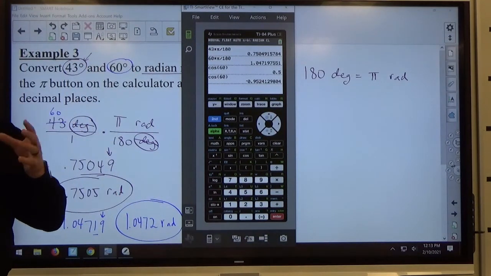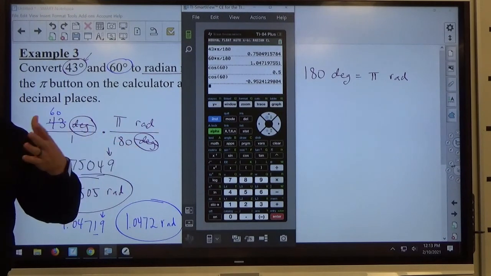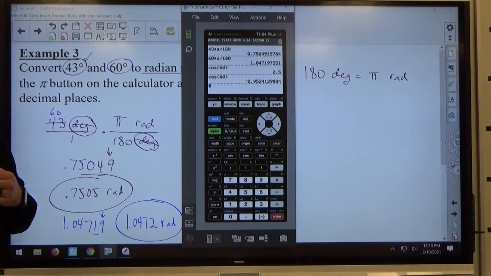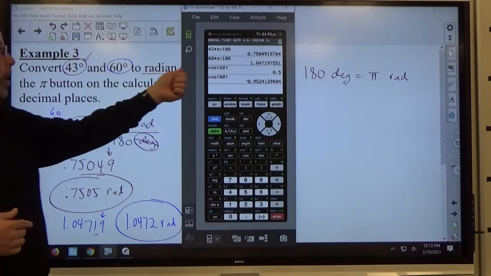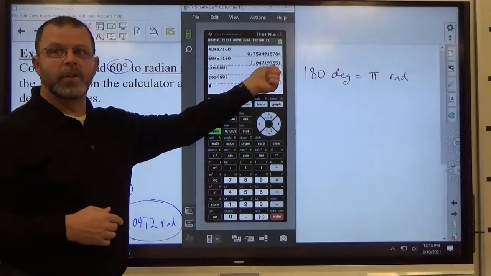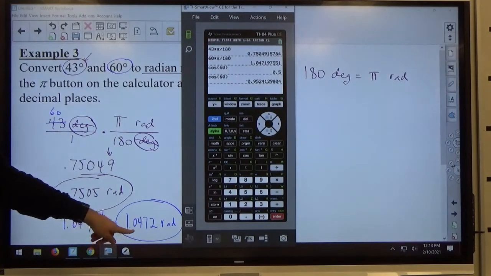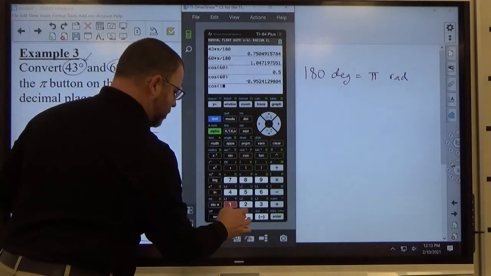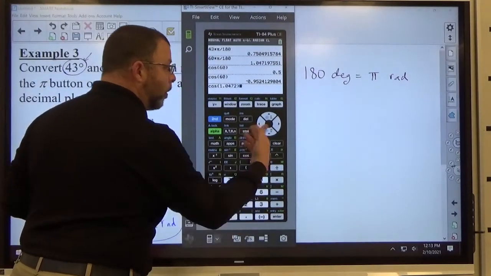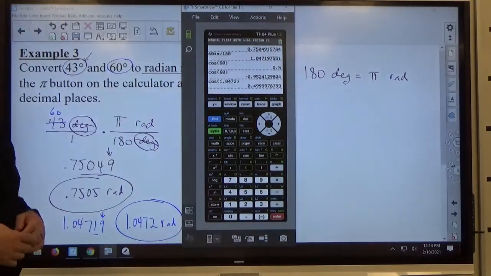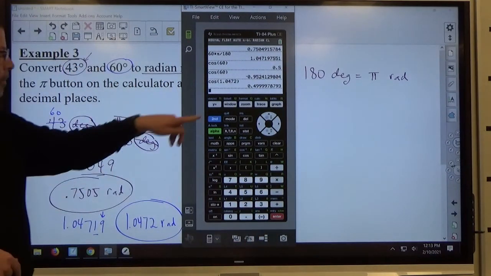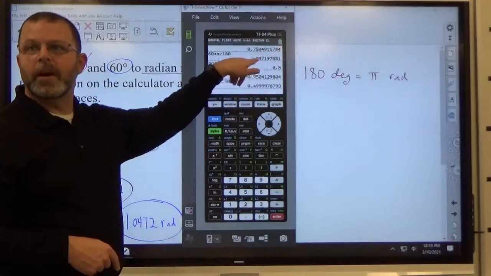So again, my calculator doesn't know how to think, it only knows to calculate what I told it to, right? So if I'm trying to calculate cosine of 60 degrees, I want to be in degrees, I get the correct answer. If instead I've got cosine of 1.0472 radians, that should equal about 1/2, not exactly, because again we rounded, but you can see 0.499, that's almost 0.5, right?